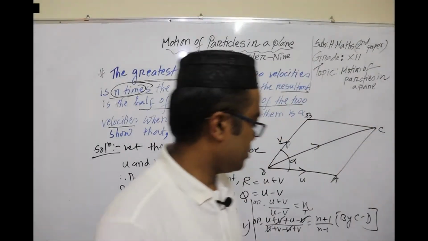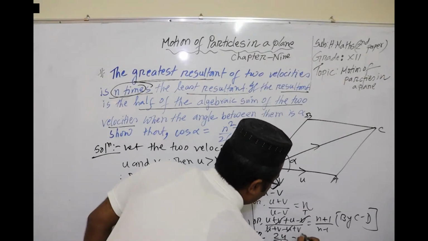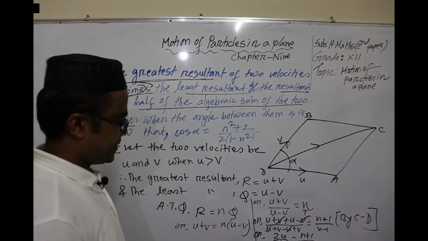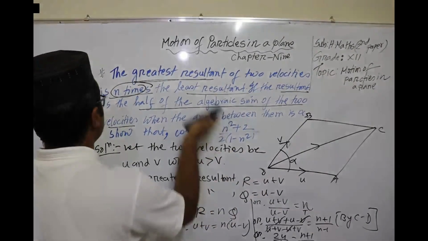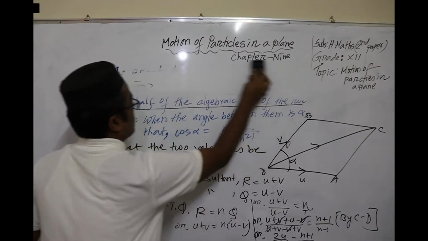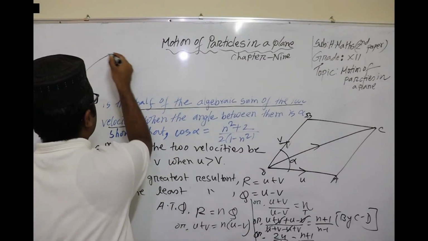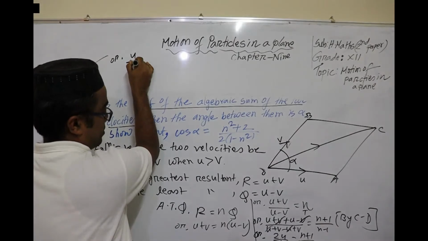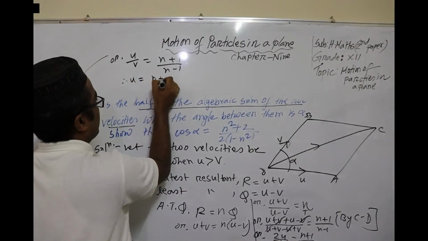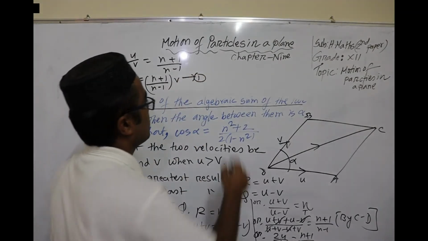Or 2u by 2v equal to n plus 1 by n minus 1. So next line will be u by v equal to n plus 1 by n minus 1. Therefore, u equal to (n plus 1)/(n minus 1) into v. This one you can consider equation 1.